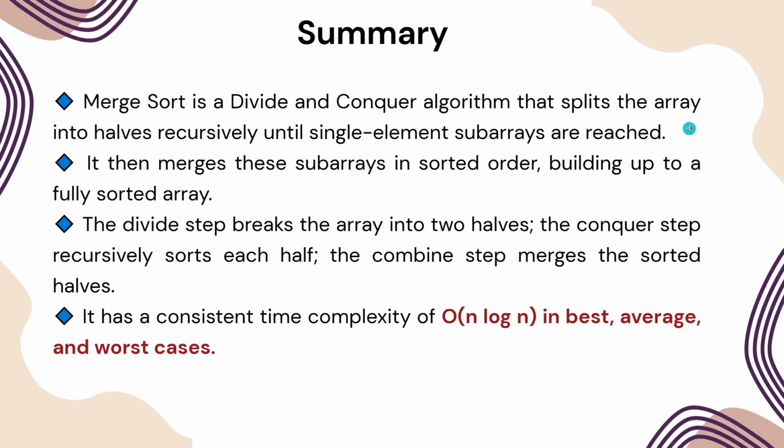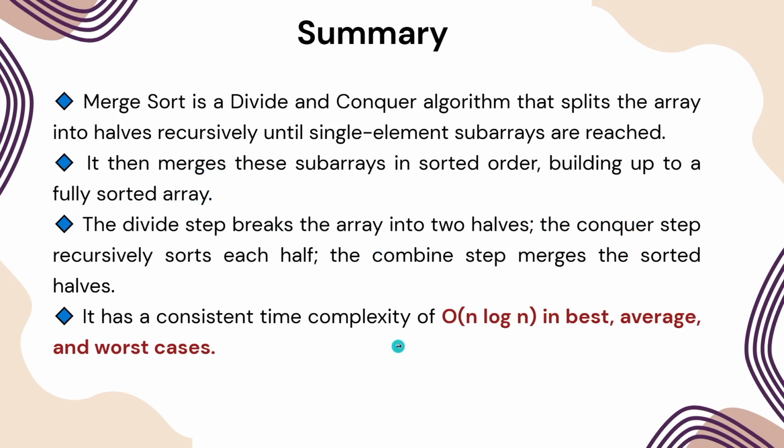Merge sort specifically uses the divide and conquer algorithm: the original array is split into two halves, we recursively solve each of the sub partitions, and finally we merge them to build the fully sorted array. So it uses the same steps: divide, conquer and combine.